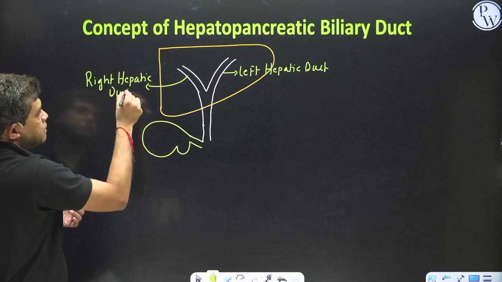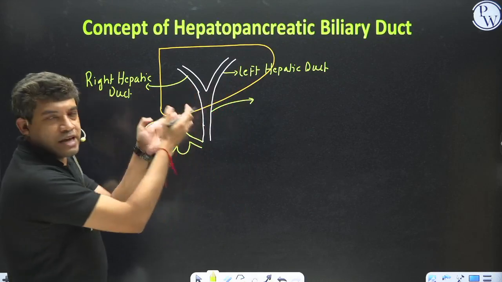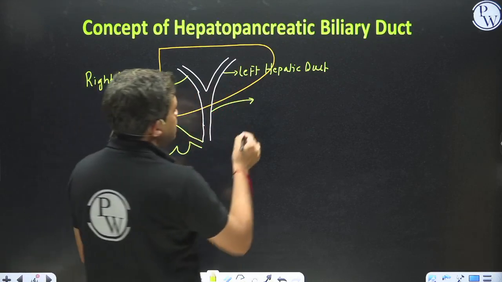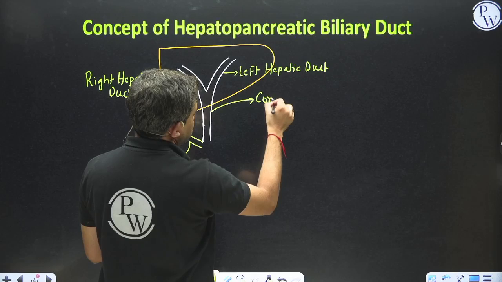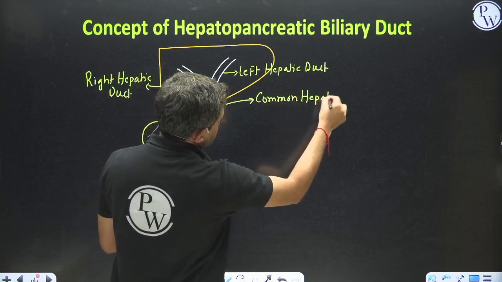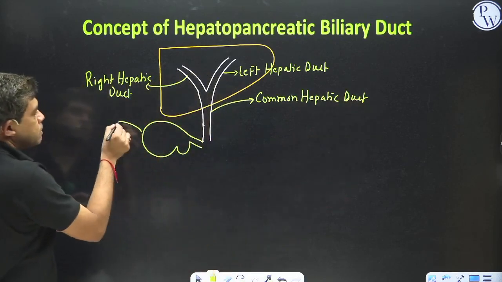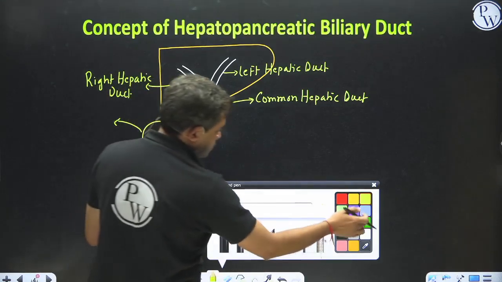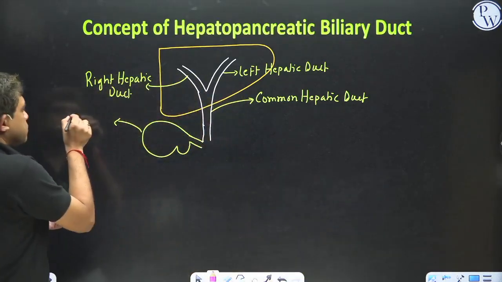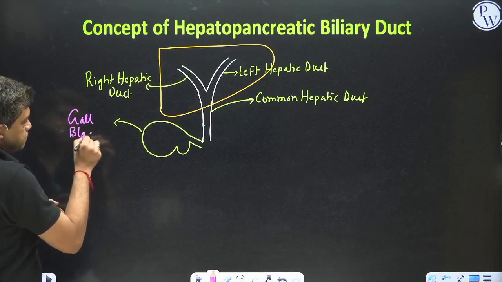Obviously these two unite, and they help in the formation of the common hepatic duct. Okay, and this one is the gallbladder, so I have to mark it like that. Say this one is the gallbladder.